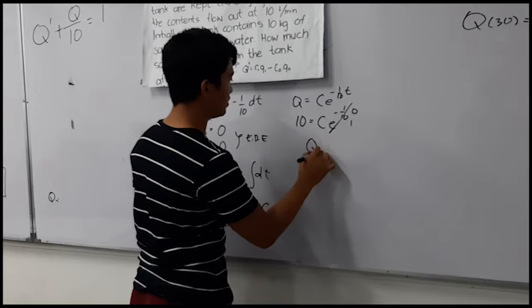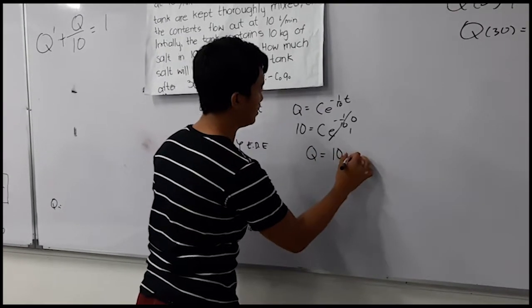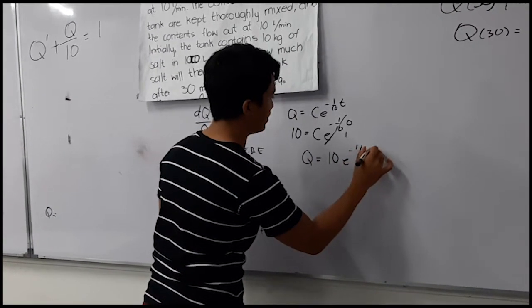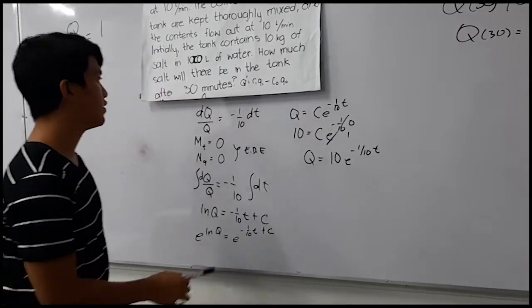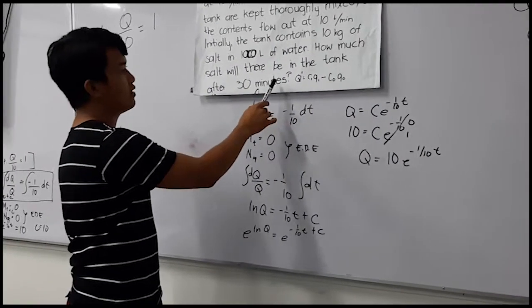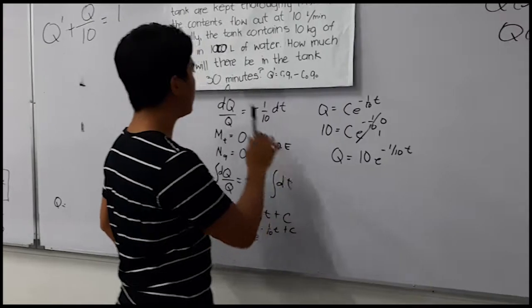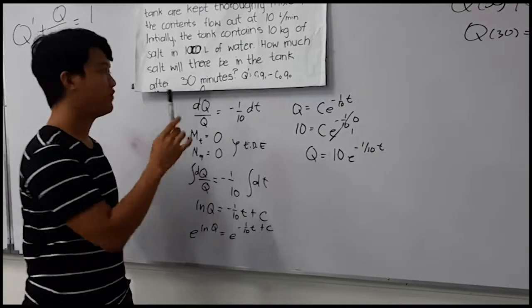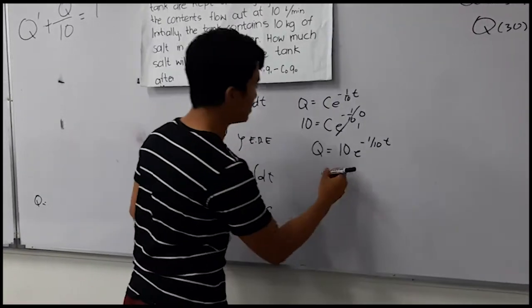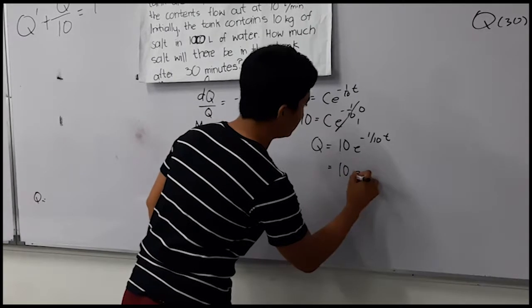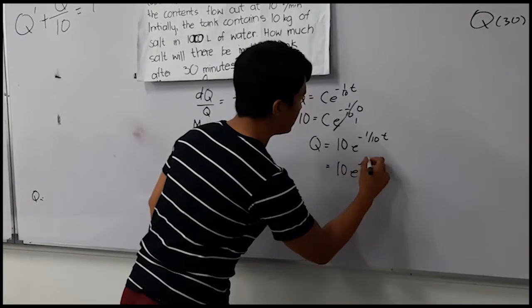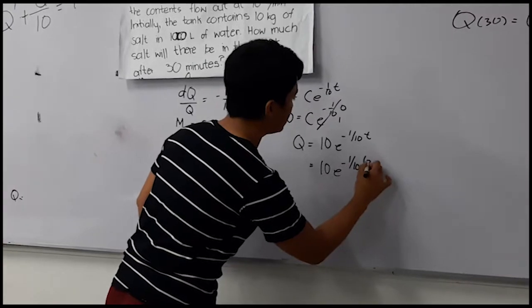Then q is equal to 10 e raised to negative 1 over 10 t. In order to solve for the problem, we're just going to substitute the value of time, which is 30 minutes, in this equation. Therefore, we have 10 e raised to negative 1 over 10 times 30.